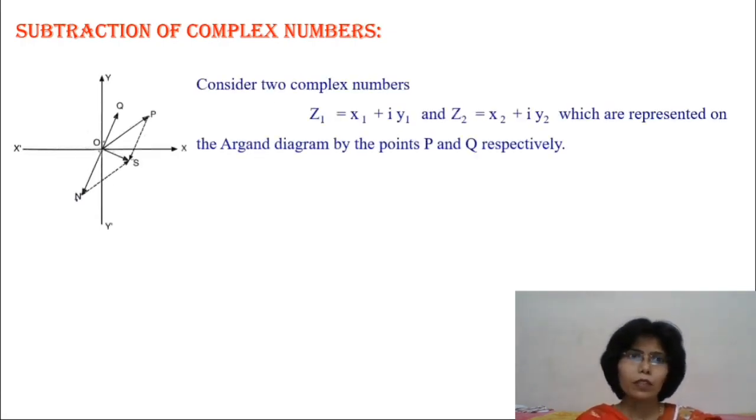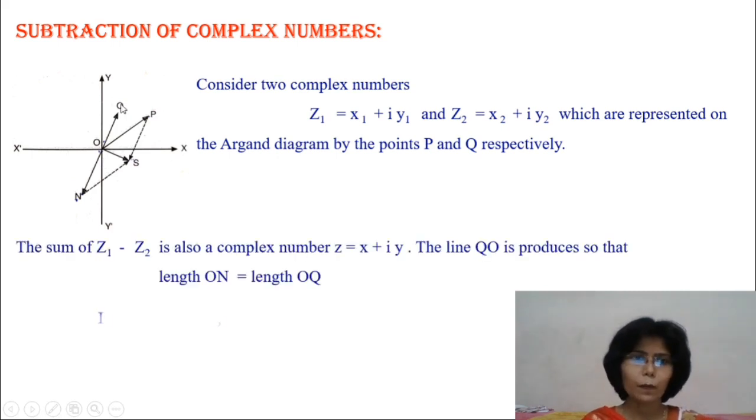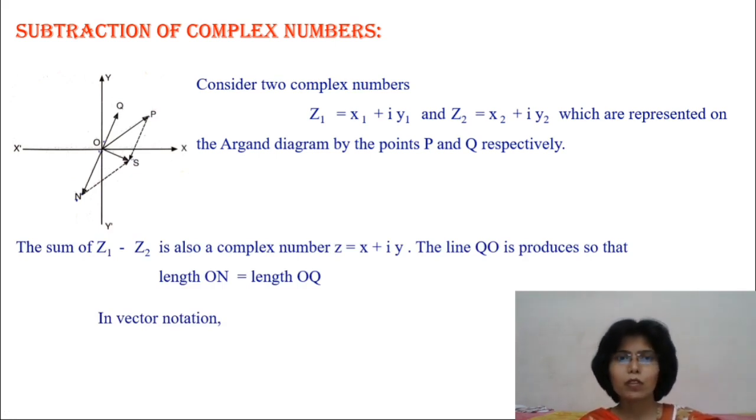Now we'll study the subtraction of complex numbers. Consider the two complex numbers, that is z1 is equal to x1 plus iy1 and z2 is equal to x2 plus iy2, which are represented on the Argand diagram by points P and Q respectively. The difference z1 minus z2 is also a complex number z equal to x plus iy.